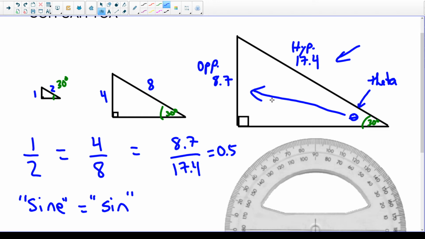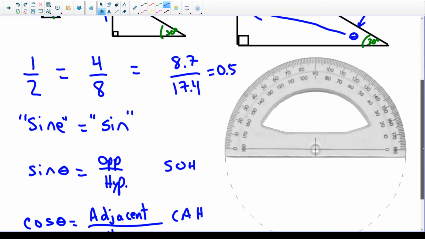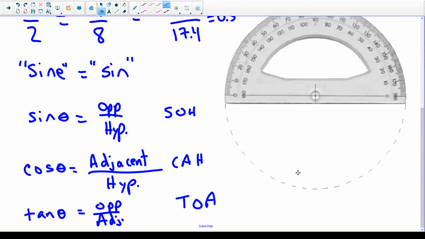But even if you did, I think it's important to review it, because I get a lot of students that'll wonder, what is sine theta? What does that mean? Well, it's just the constant number you get when you divide any opposite side by any hypotenuse side in a specific triangle that has a specific angle in it.